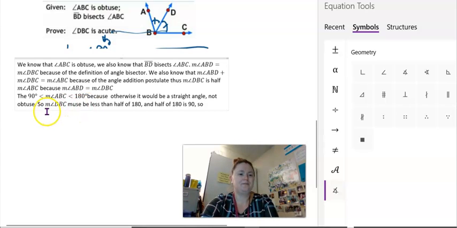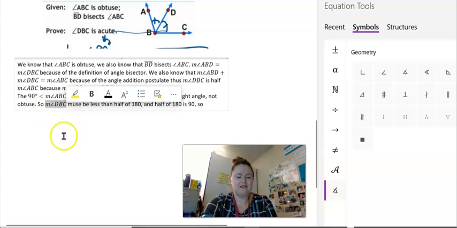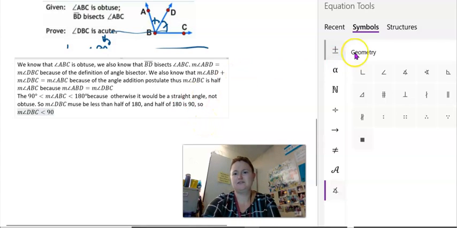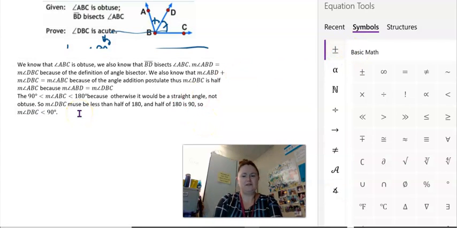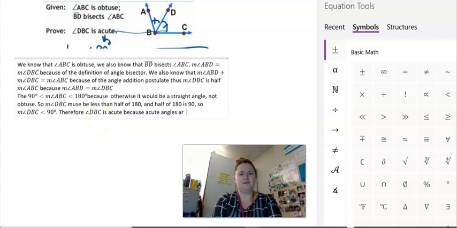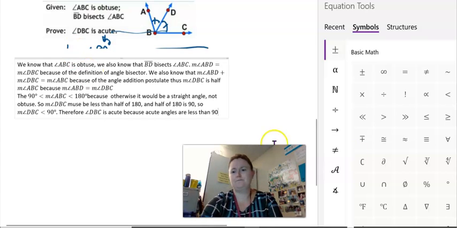So the measure of angle DBC has to be less than 90 degrees. And then this is where we would say, therefore, angle DBC is acute because acute angles are less than 90 degrees.